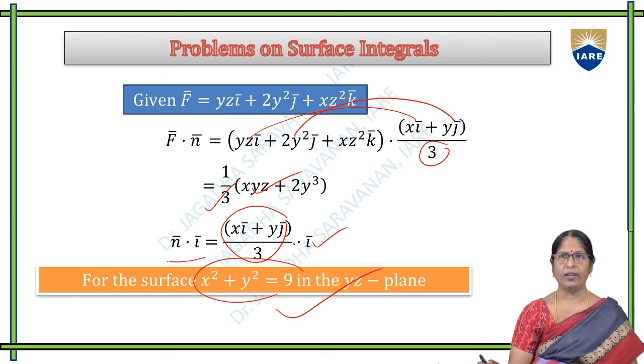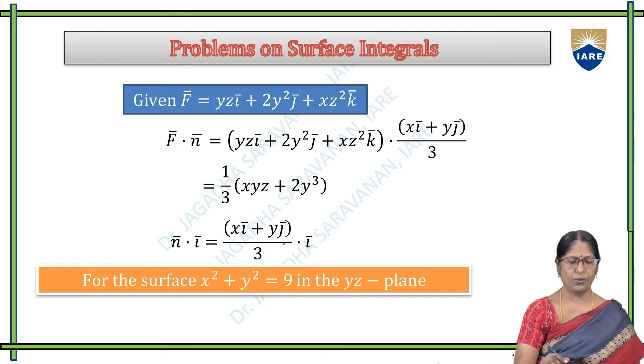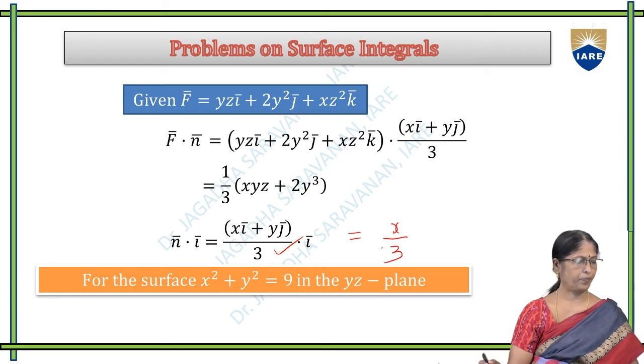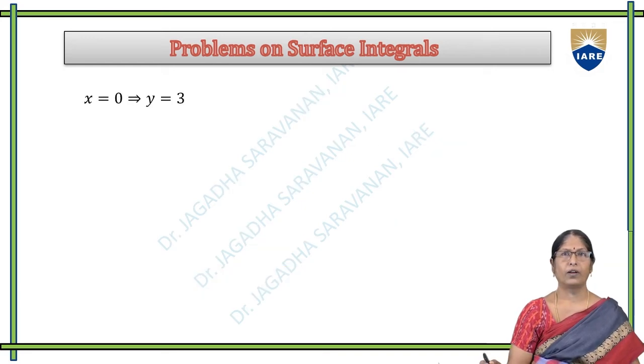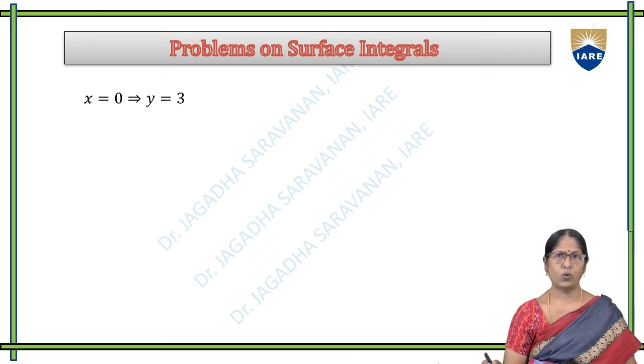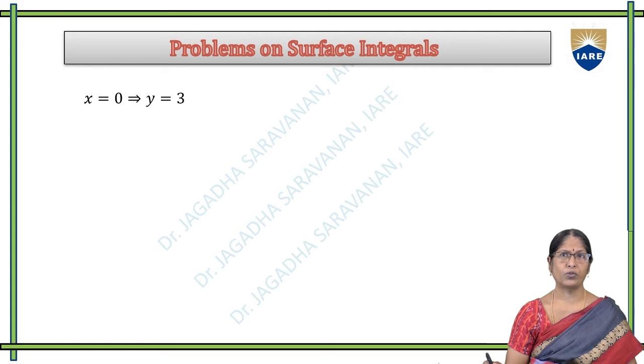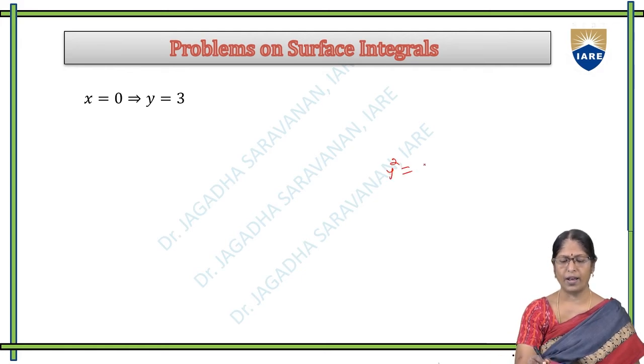Doing the calculation, we get x by 3. Now, when x equals 0, from the equation x² plus y² equals 9, putting x equals 0 we obtain y² equals 9, so y equals 3.